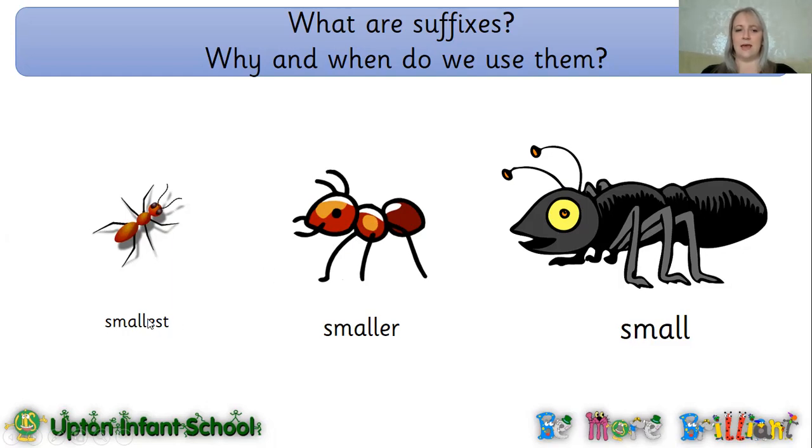And then I've added the est suffix onto the end of small to say that this is the smallest ant. So now, anybody who couldn't see these pictures would again have an idea that there were three ants. They would know that one was small, one was even smaller than the smaller ant, and the smallest ant was absolutely tiny.